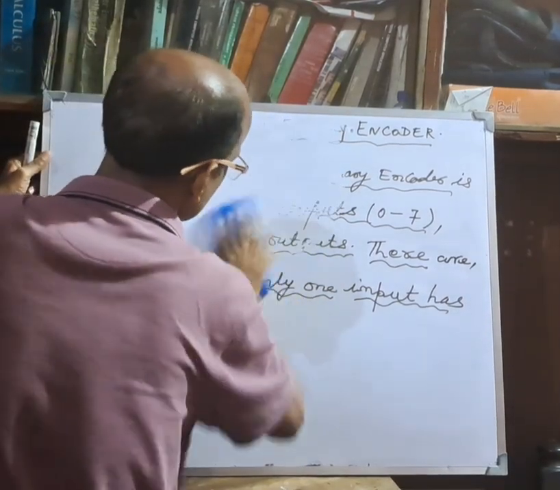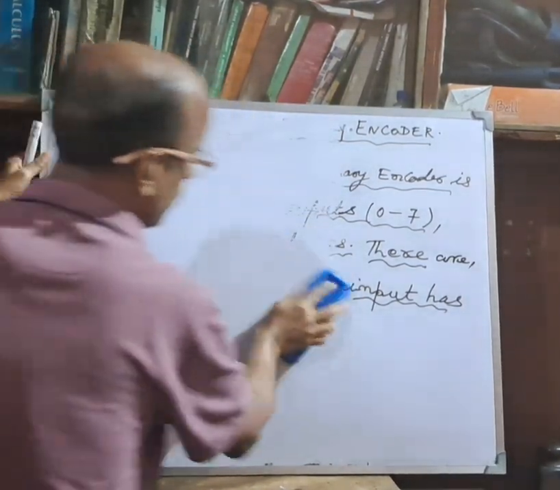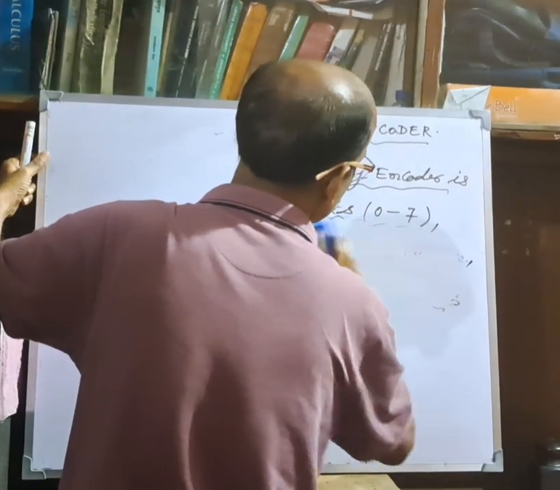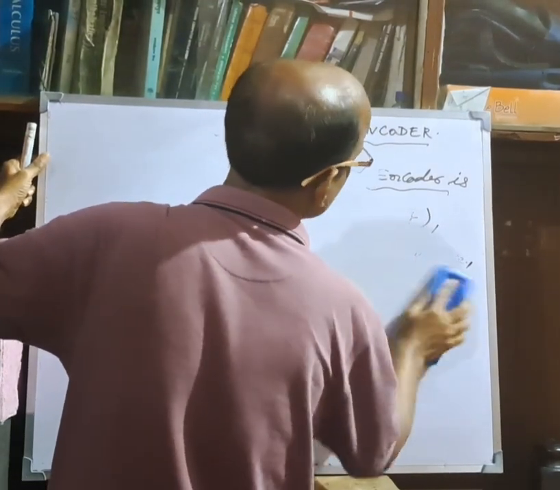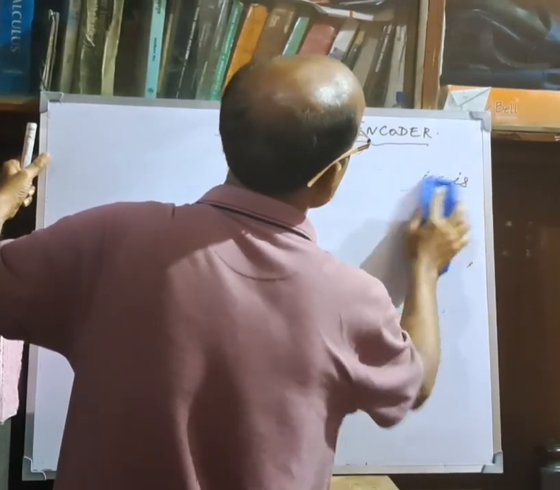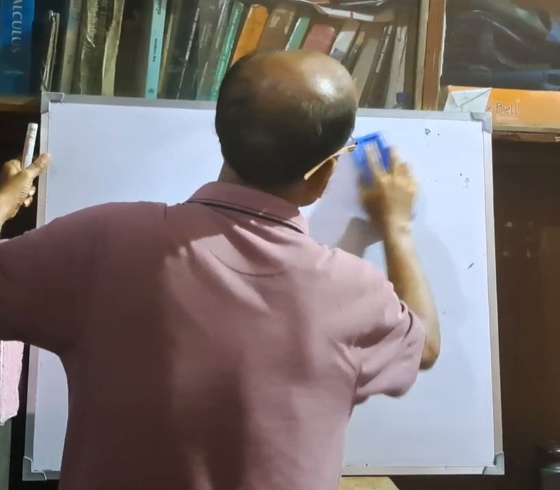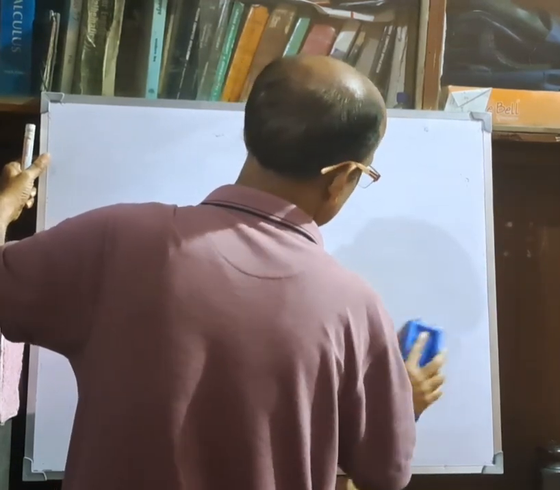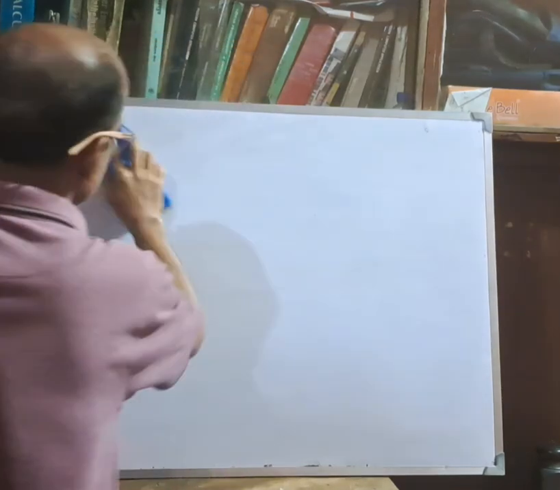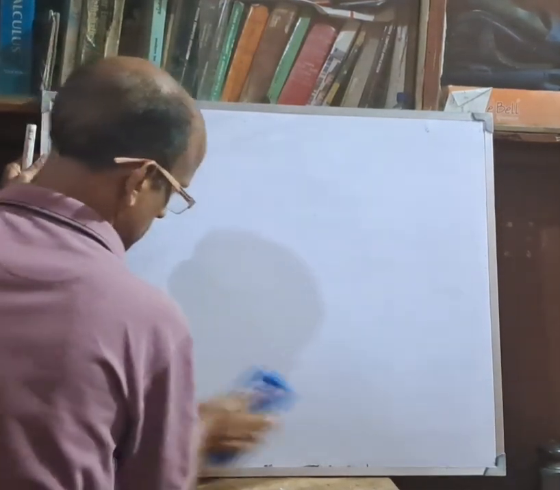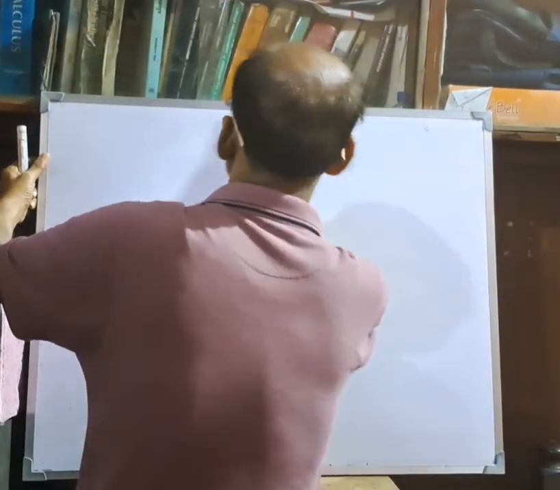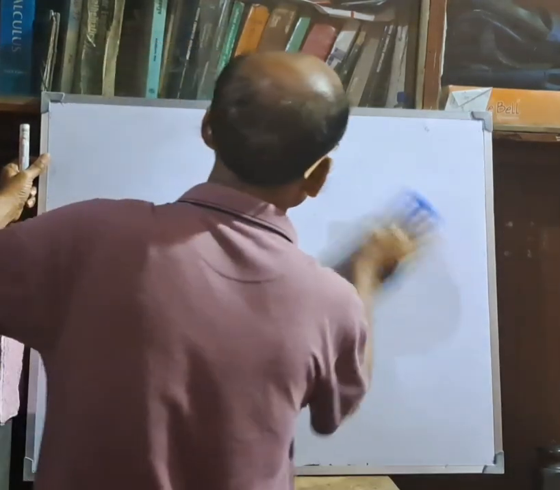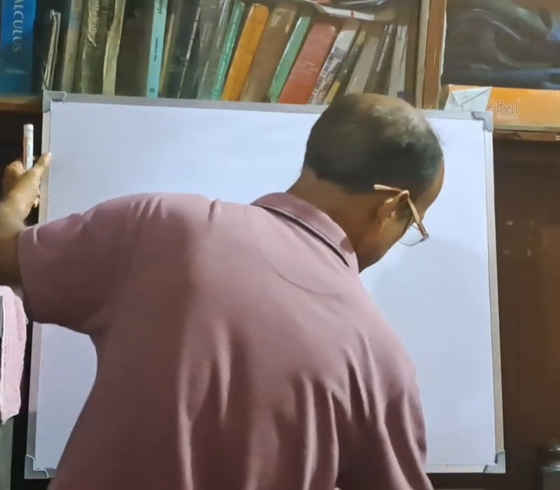You know, actually, I have already explained to you in the previous session that encoder is the reverse of decoder. Okay? Is that clear? Encoder is the reverse of decoder.